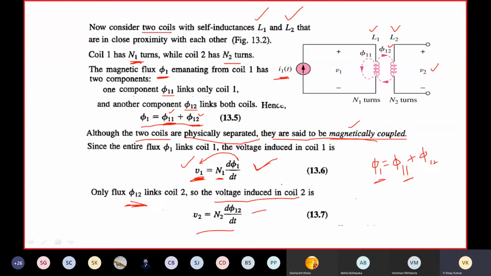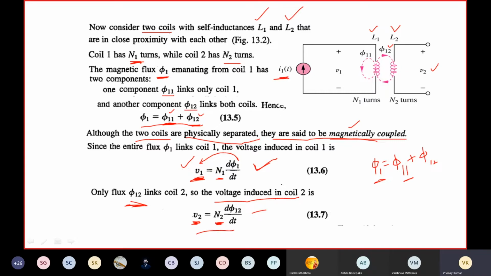Coming to mutual induced EMF. V2 is the EMF which is induced in coil 2, the mutual induced EMF, because of flux in coil 1.